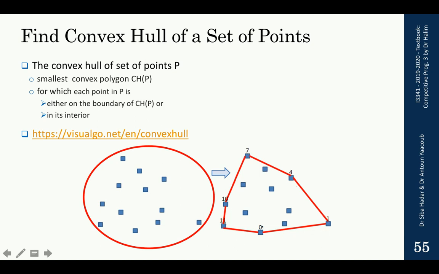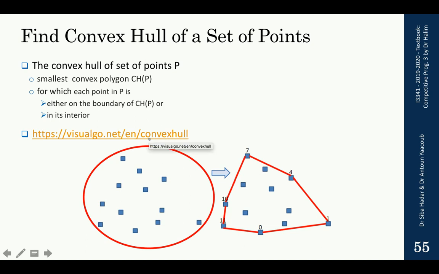So not all the points are vertices of the polygon. Some of them are inside the polygon. This is a problem. So you have to determine which points form the polygon and you have to give them in counterclockwise or clockwise order, so that they form a convex polygon.